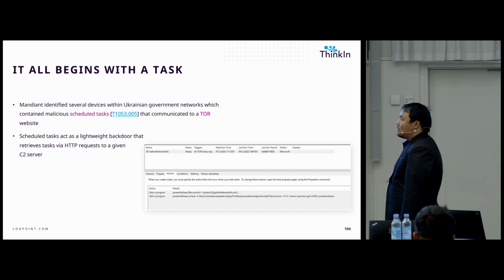They used an in-house one, modified it, and added a command to use PowerShell to download the script and the command from Tor. You can see the program chain on the scheduled task. Gather network info is a scheduled task present in Windows. They just modified it.